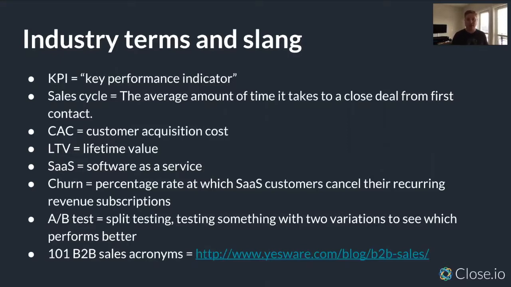For us in the software business, it's monthly recurring revenue or annual recurring revenue, MRR or ARR. Those are the numbers, as well as the growth of those numbers over time. So there's some of the industry terms. If I say a term, just hop into chat and ask what that is, and I'll do my best to clarify it.